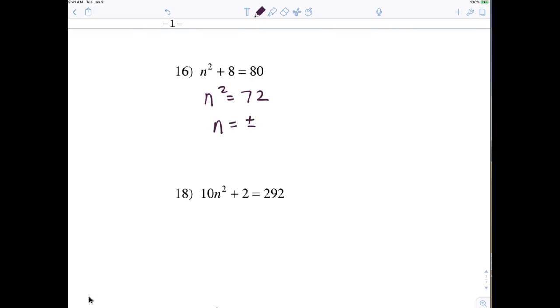Now, we did 72 a bunch of different times. 36 and 2. Yes, so it becomes 6 radical 2. Everybody should just recognize that right off the bat as 36 times 2. Now, of course, most people do 9 times 8. I'm not interested in 9 times 8 because then you'd have to break down 8.